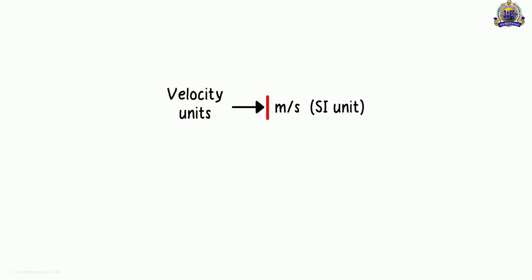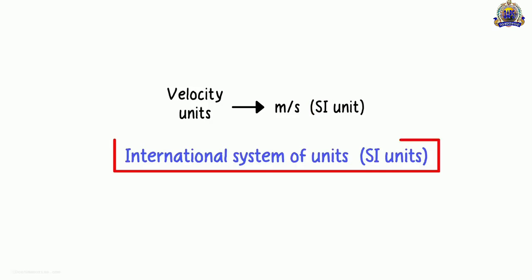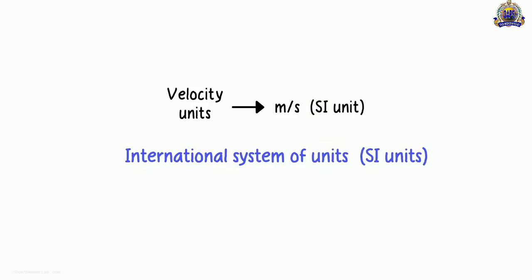Meter per second is the SI unit, the basic fundamental unit of the SI system, the International System of Units, as we have discussed. So according to this, the unit of velocity will be meter per second.